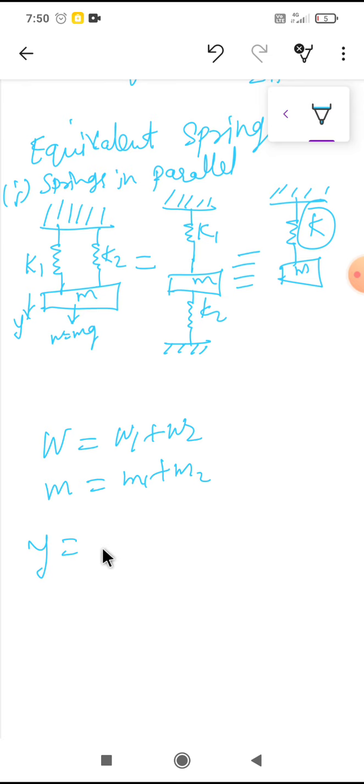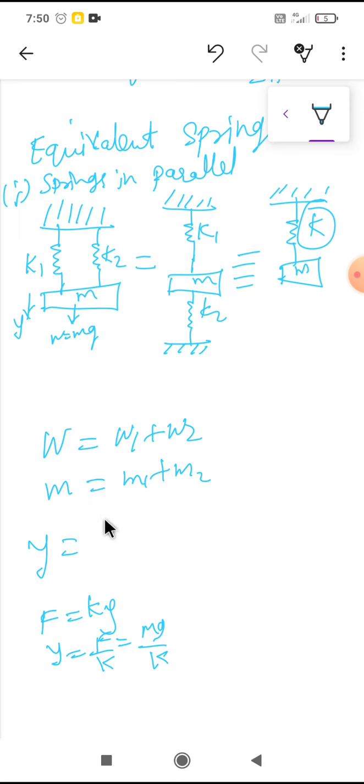If I want to write the equation, as we know that force is equal to ky, so y is equal to f by k. Here the force is the weight of the bob, that is mg. So I can write y is mg by k. This displacement is the same.